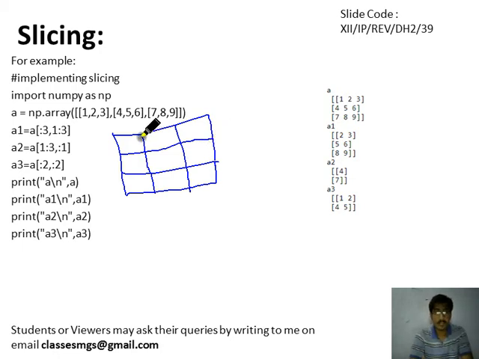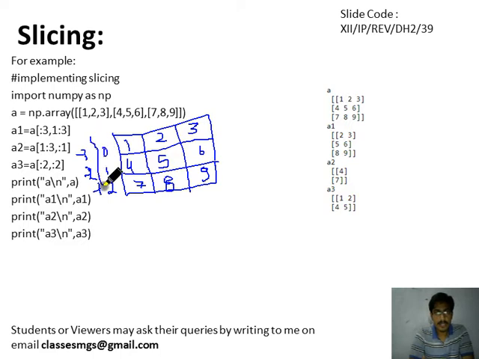It will have the values 1, 2, 3, then 4, 5, 6, then 7, 8, 9. Now it has the row index 0, 1 and 2, and the negative row index -1, -2 and -3.